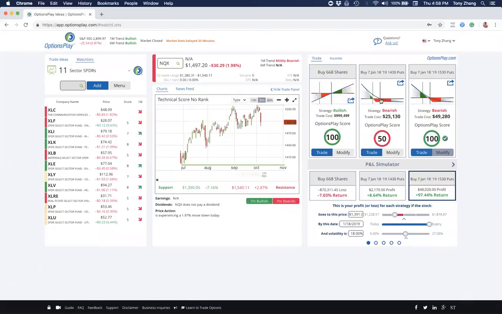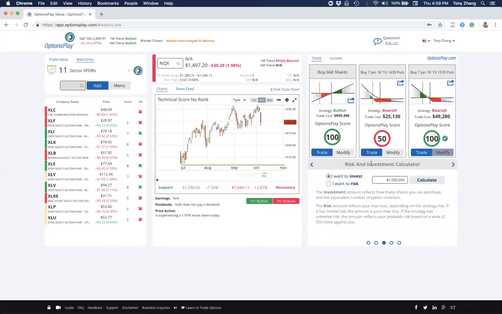So this is really where you can play around with different scenarios as to where you think the market might be headed, and compare the two different strategies and different hedges. You can play with the different expiration dates, you can play with the different strike prices, and really start to see where you're going to get the best return for where you think the market is going to go. And you can use our risk and investment calculator.